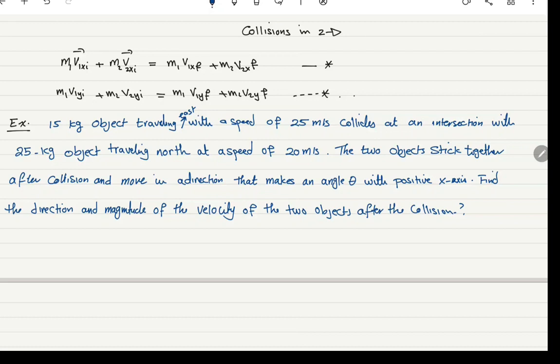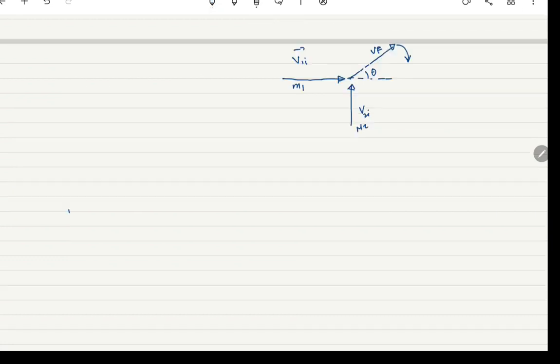Find the direction and magnitude of the velocity of the two objects after the collision. Since both objects stick together, this is a completely inelastic collision. In this case, only momentum is conserved, but this is a two-dimensional system.